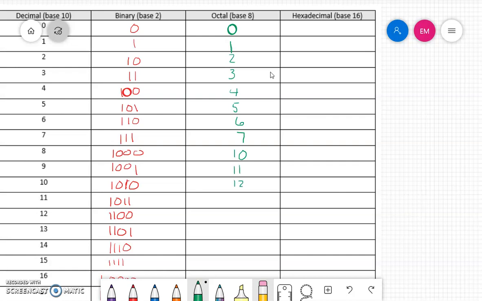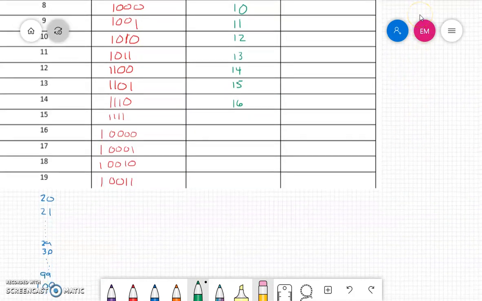1, 1, 1, 2, 1, 3, 1, 4, 1, 5, 1, 6. Let me scroll down. 1, 7. And notice again, we've run out of ciphers. We cannot use an 8 in the octal system, as counterintuitive as that might seem.